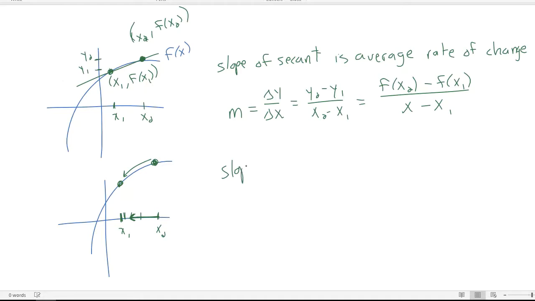So we had discussed that the slope of the tangent was the instantaneous rate of change. So we would have the slope of the tangent being the instantaneous rate of change.